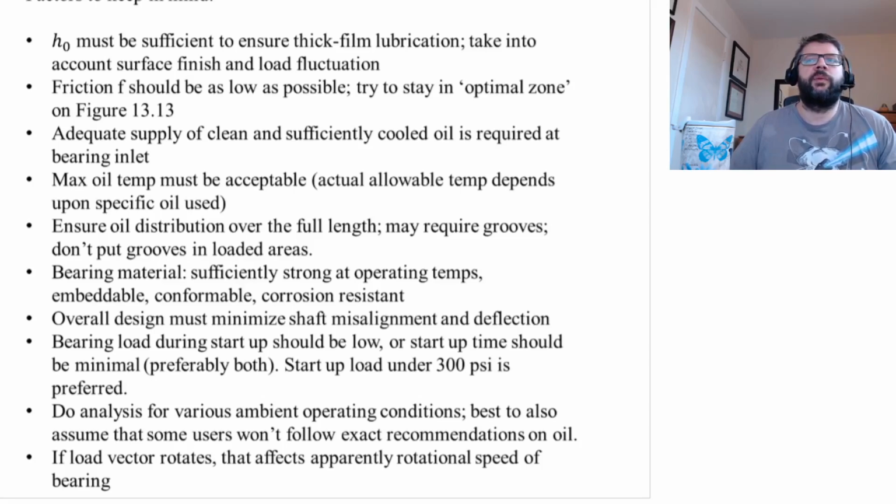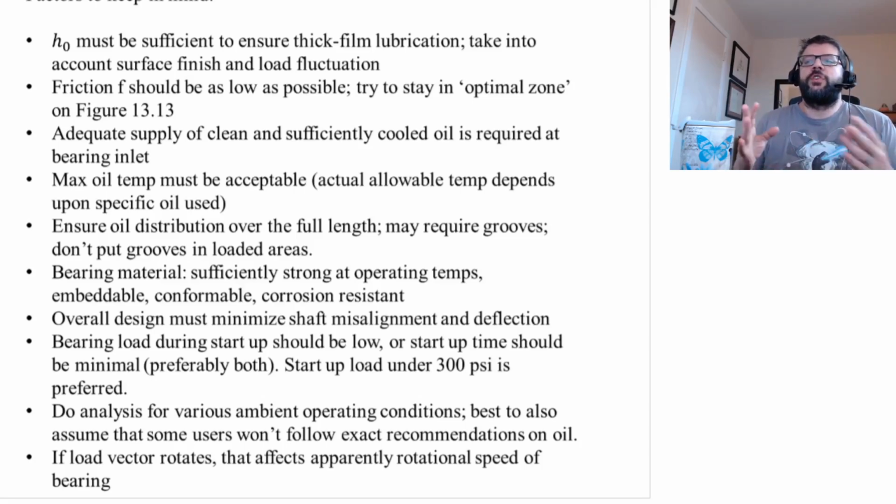So again, we're kind of staying in that optimal zone. Need to make sure that you're supplying enough cooled and cleaned oil. Need to make sure that the oil doesn't heat up too much. And again, the actual allowable temperature depends greatly upon what actual oil you're using.